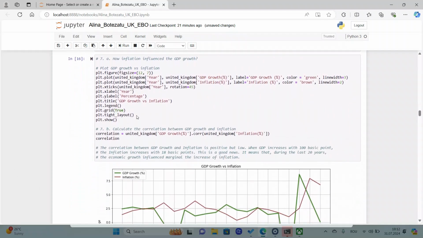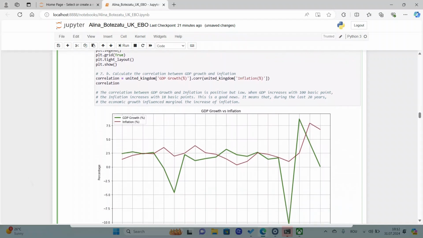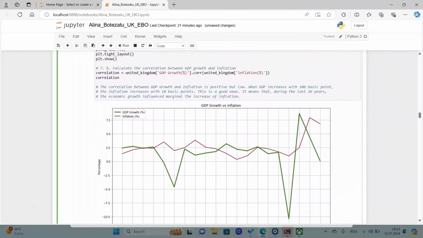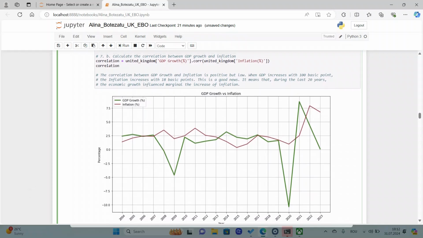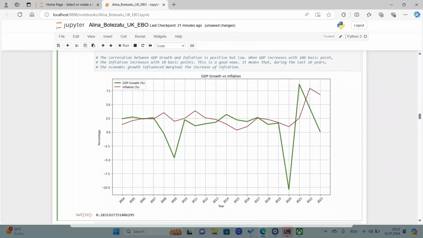Then I looked at how inflation influenced GDP. Oh, sorry, here I have a mistake. And I made another plot here. Of course, I calculated the correlation as well. The correlation between GDP growth and inflation is positive but low.